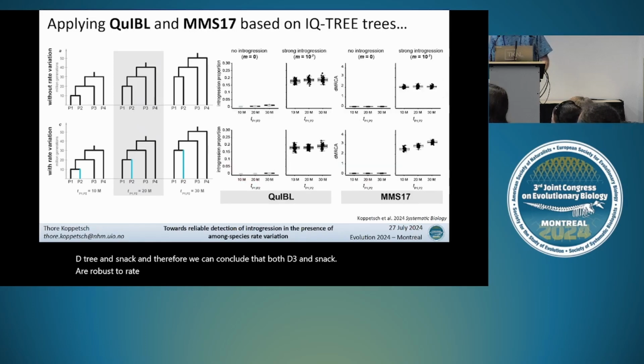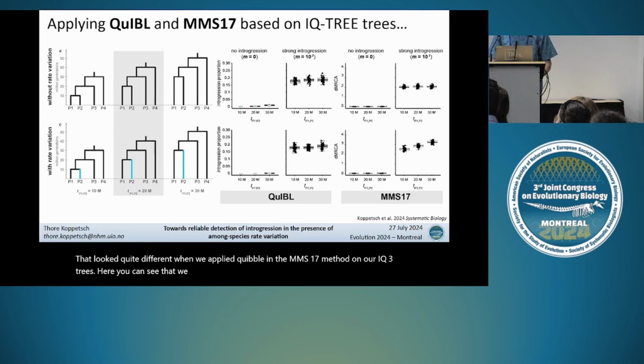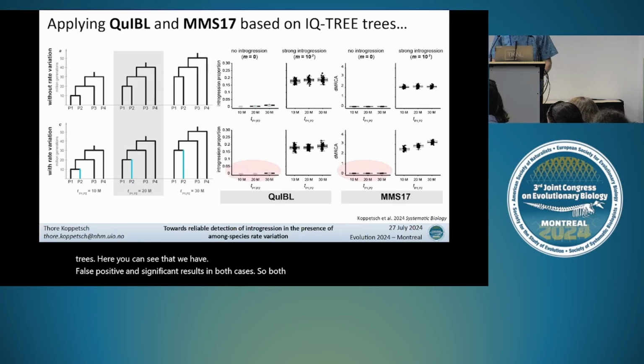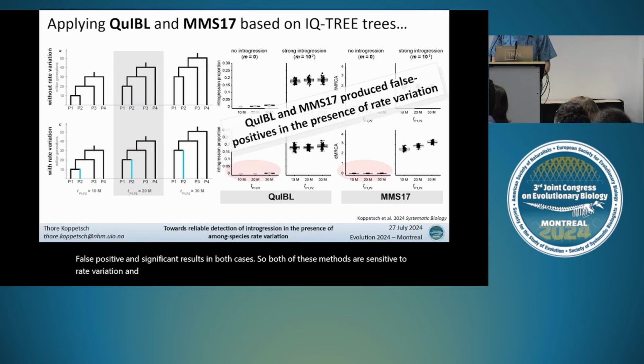That looked quite different when we applied QuIBL and the MMS17 method on our IQ-TREE trees. Here you can see that we have false positive and significant results in both cases. So both of these methods are sensitive to rate variation and produced false positives in the presence of varying rates.